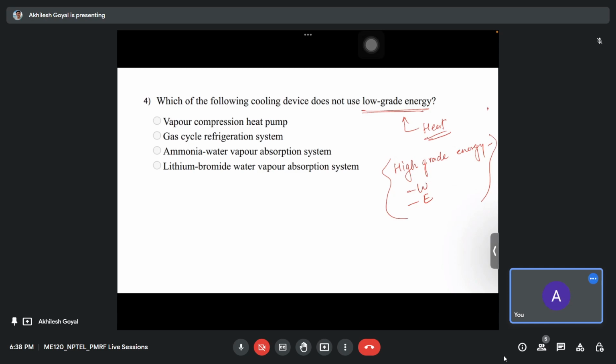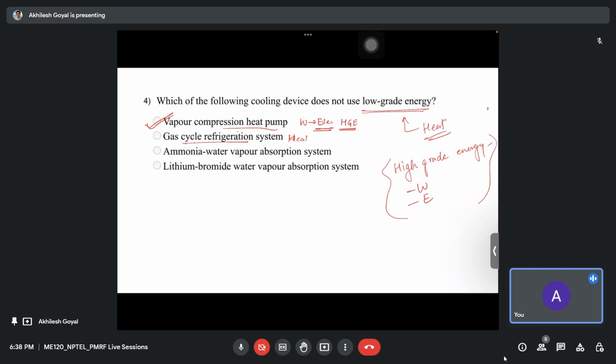Okay. So in the case of vapor compression heat pump, there is work done on the compressor. So work done is in the form of electricity, right? So this is high grade energy, HGE. So this is the correct option. In the case of gas cycle refrigeration system, the fuel burns, heat releases. So these use heat, that is low grade energy.